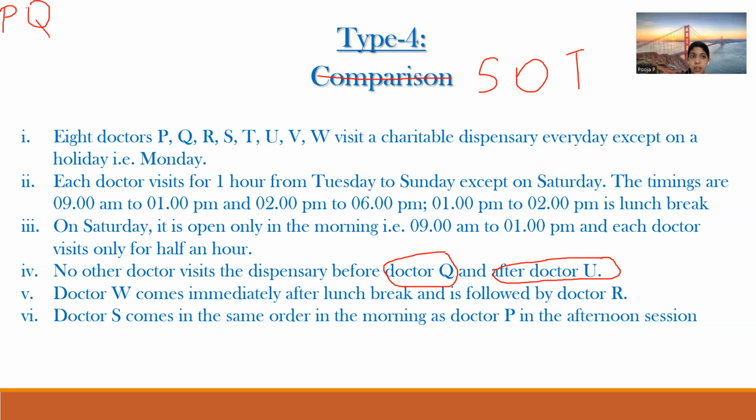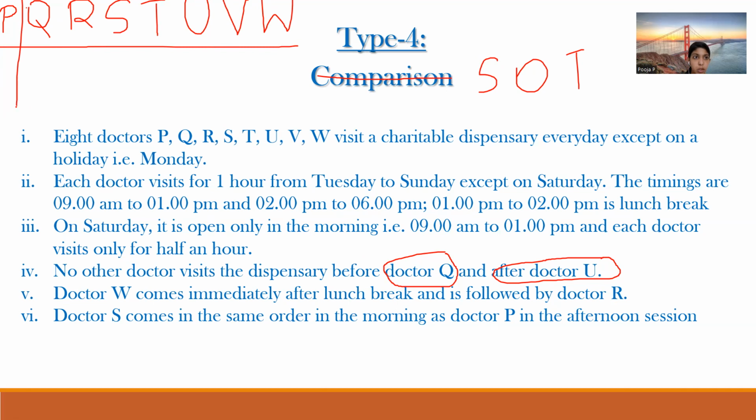So we have P, Q, R, S, T, U, V, and W. Alright. So it is said Dr. Q visits first. So at what time does the dispensary start? At 9 a.m. So Dr. Q is actually visiting at 9 a.m. And who is the last person to leave?